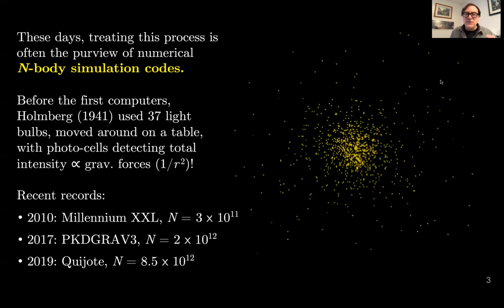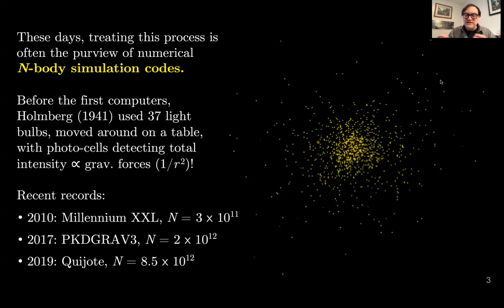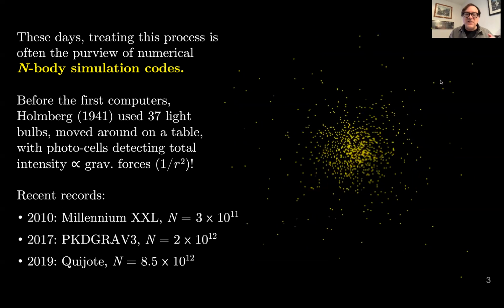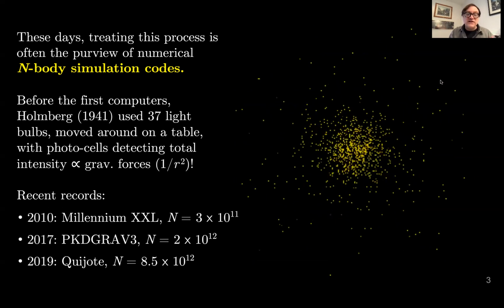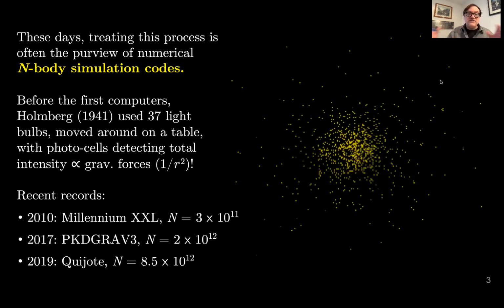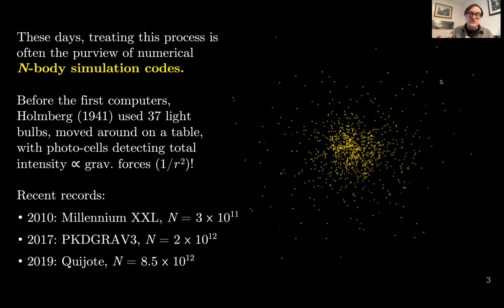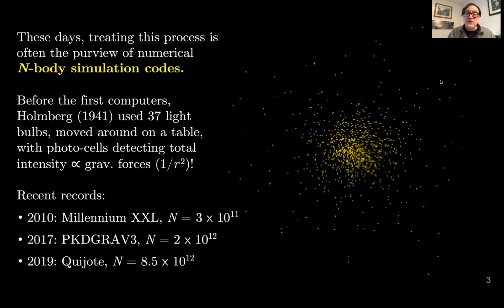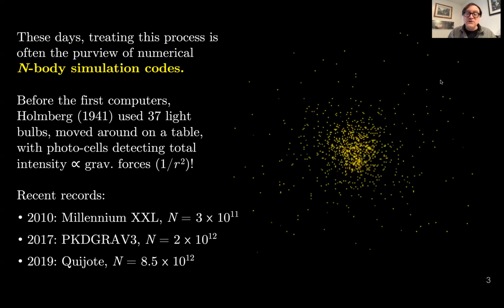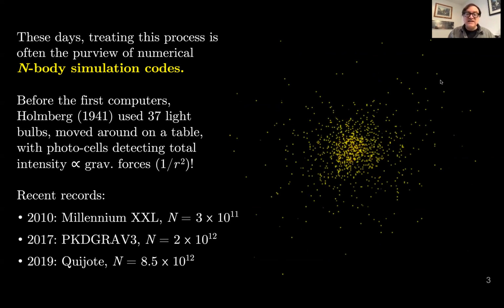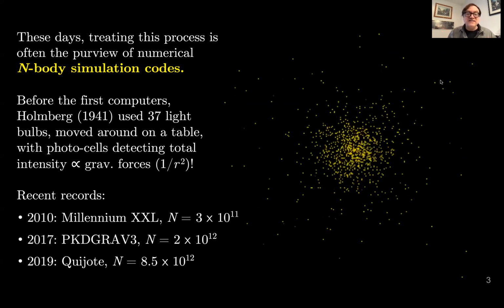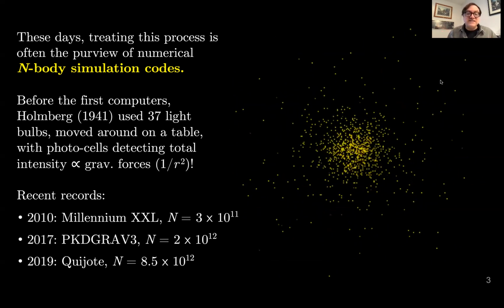But each light bulb had a little photocell on it, maybe an array of them to get the light from all different angles. And he took advantage of the fact that the intensity of the light from each light bulb as measured by another light bulb drops off as 1/r², much like the gravitational force does. So the detected light tells you something about the gravitational force on these light bulbs.